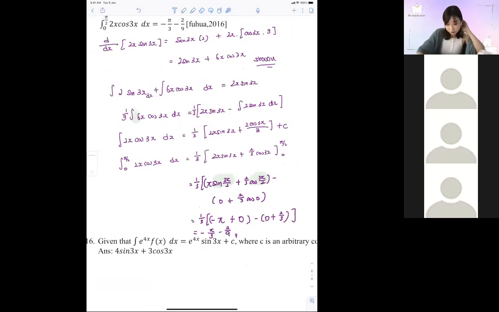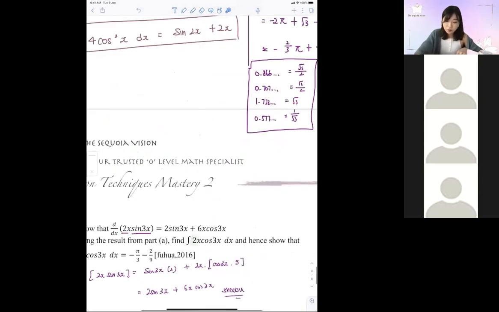Okay. So make sure when you sub value, only sub the trigo inside. So you can guess the third form. How to guess the third form? From here. Okay.